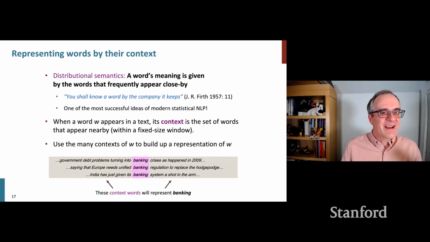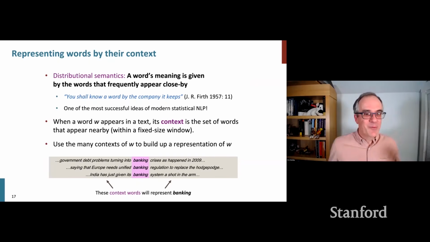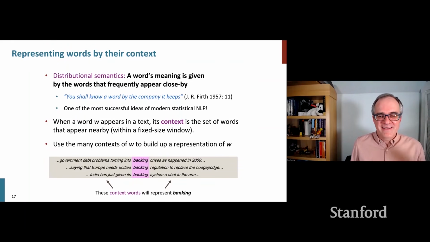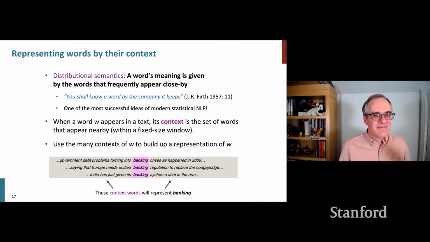In the first example, government debt problems turning into banking crises, there's banking there, and that's a token of the word banking. But then I've collected a bunch of instances of quote unquote the word banking. And when I say the word banking and I have a bunch of examples of it, I'm then treating banking as a type, which refers to the uses and meaning that the word banking has across instances.